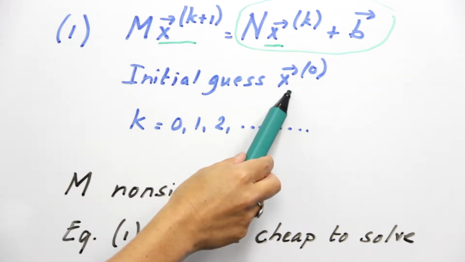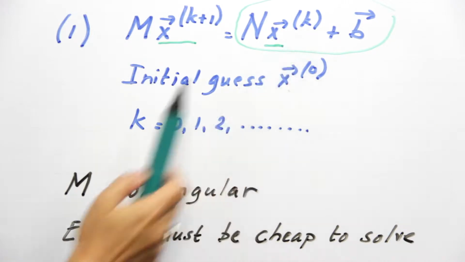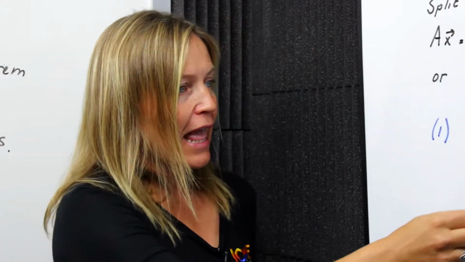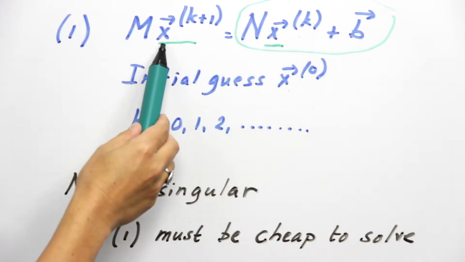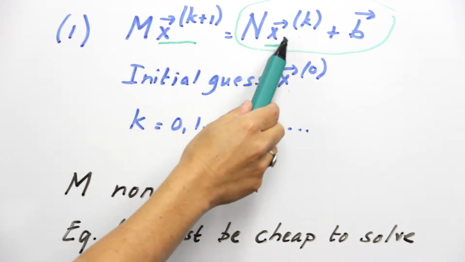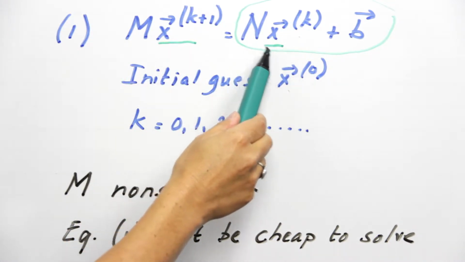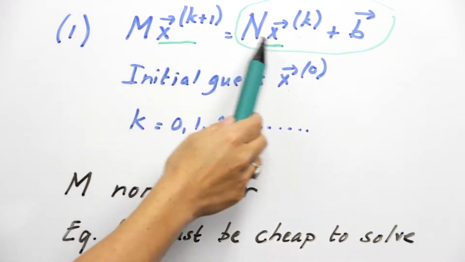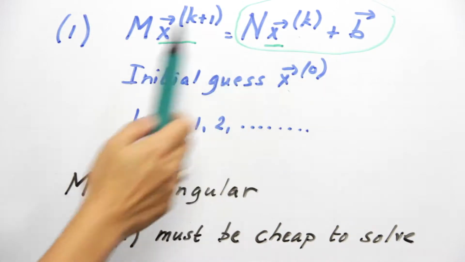So we take that x0, we plug that in here. So k, the iteration counter, is 0 at this point. We know this, we compute x1. Then k becomes 1. We put in x1 on this side, which is now known. We know this right-hand side again, solve for x2. Plug in x2, solve for x3, and so on.